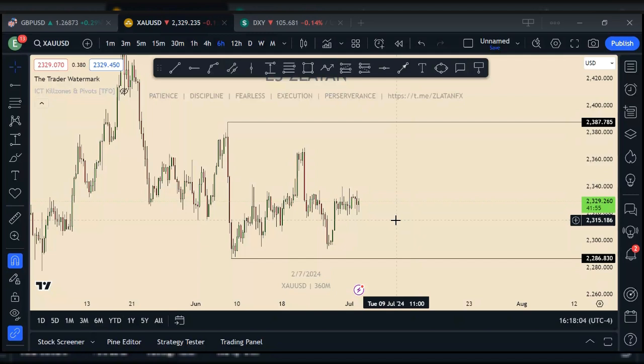If the 15 minute works best for you, use it. If the 5 minute works best for you, use it, but don't go below 5 minutes. You have no business with 1 minute charts, at least not at this level. You haven't gotten to that level, I'm very sure about that.